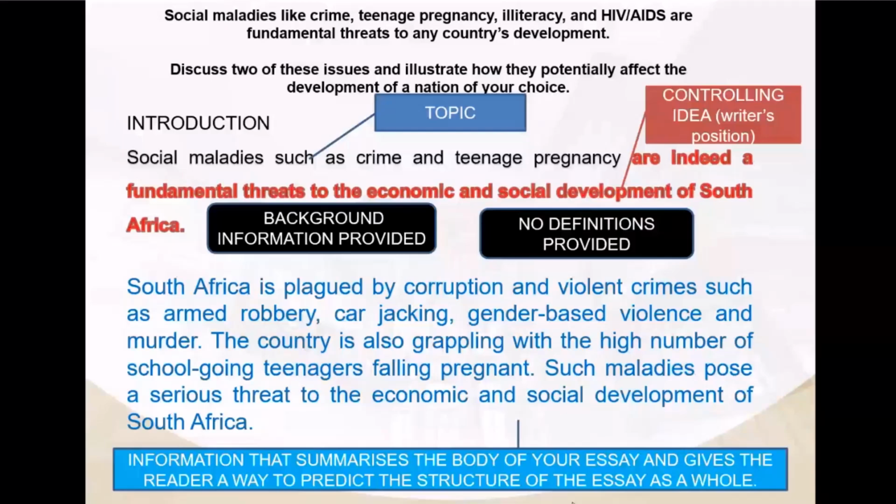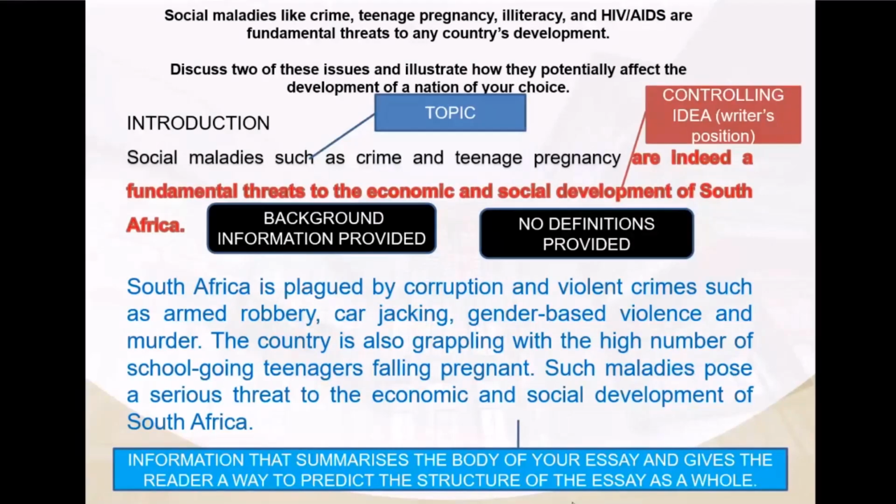Now, when I'm reading the body of the essay, I'm expecting to read about armed robbery and how it is a serious threat to the economic and social development of South Africa, how carjacking is a problem and is hampering economic and social development, how gender-based violence is a problem, how murder is a problem, and how it's affecting social development of South Africa. So I'm expecting that this essay would cover that ground. But not only those, it will also cover some ground on teenage pregnancy and how that affects the economic growth of the country.